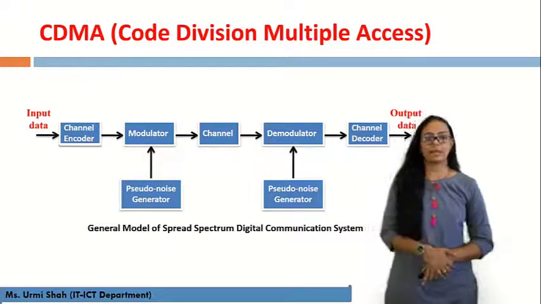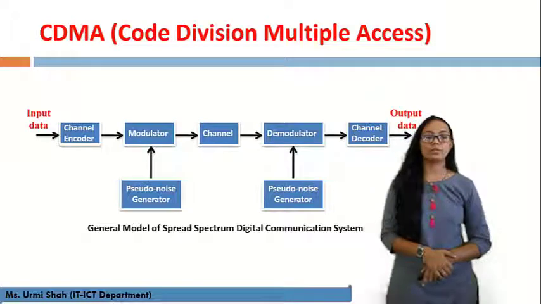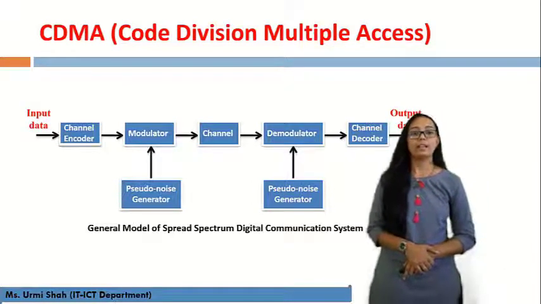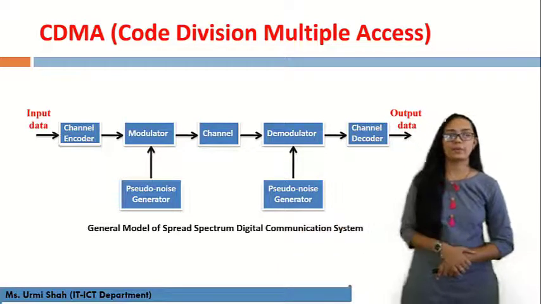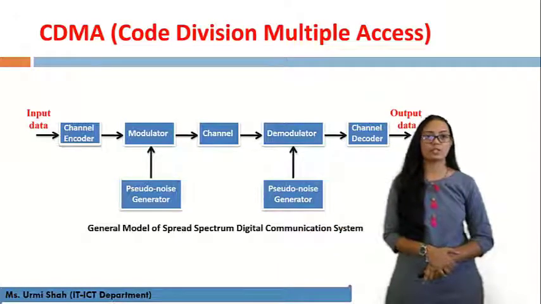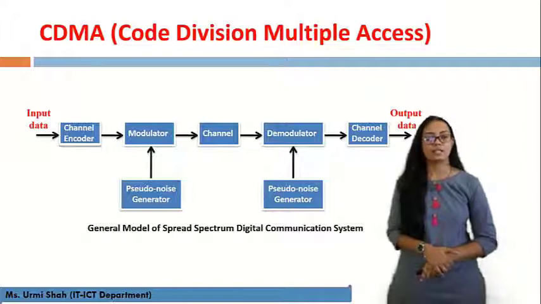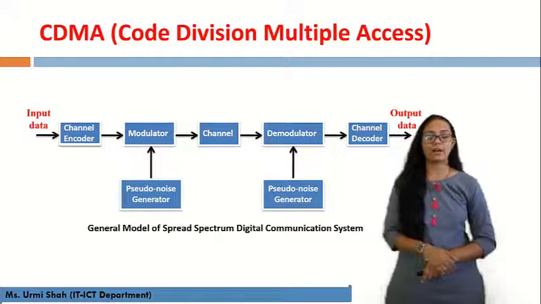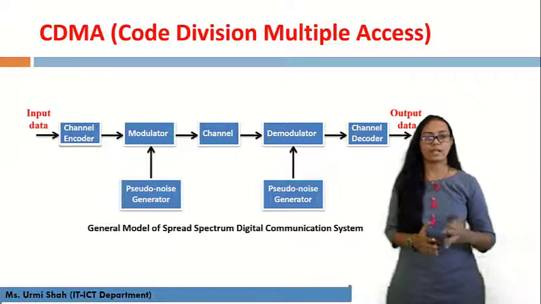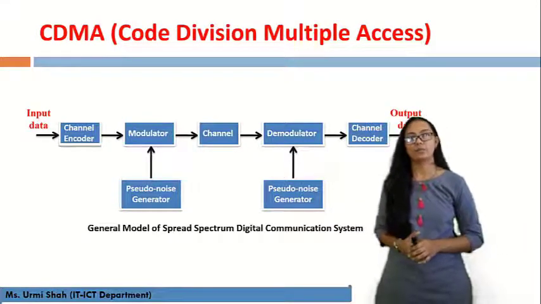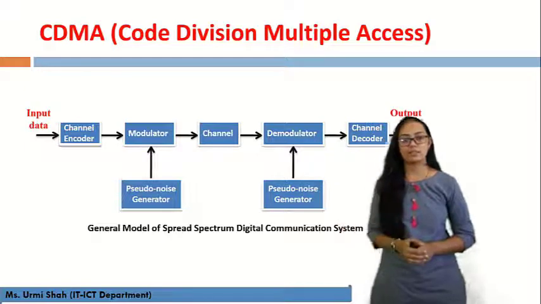This is the block diagram of code division multiple access technique, which is a general model of a spread spectrum digital communication system. Basically you will have input data going into the channel encoder. The encoder generates the encoded output, which is further processed by the modulator circuitry.